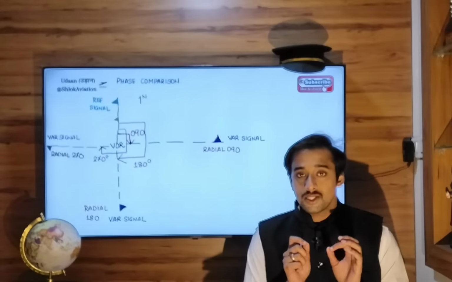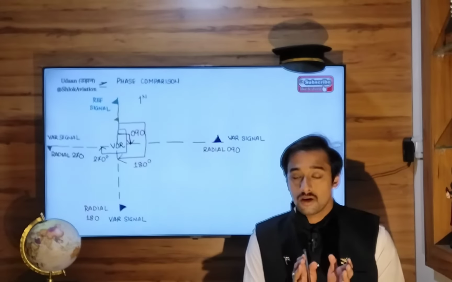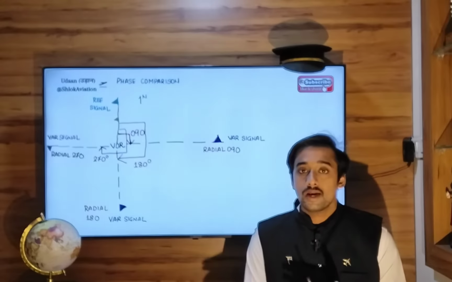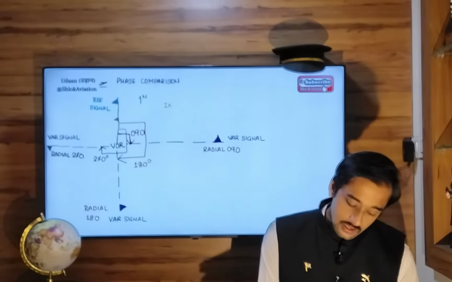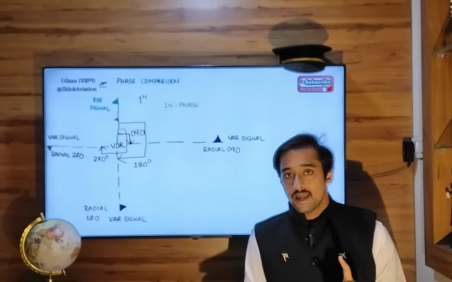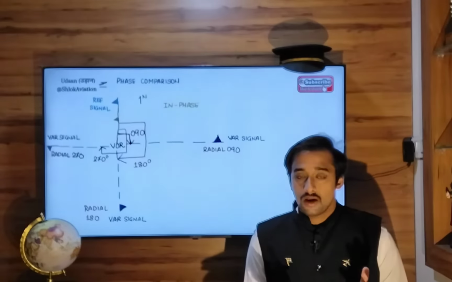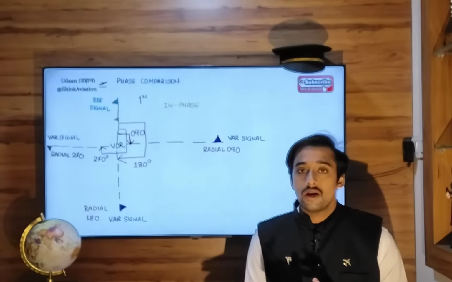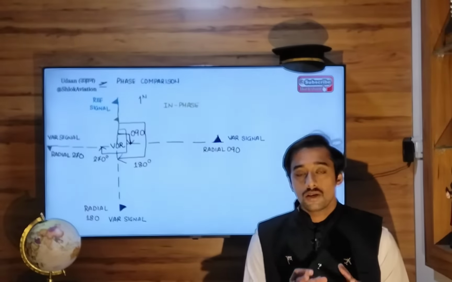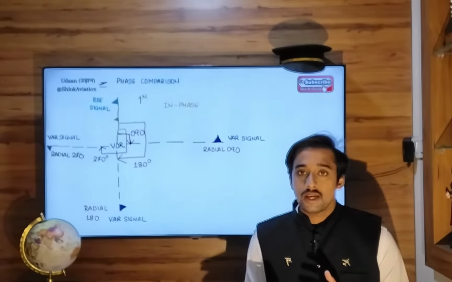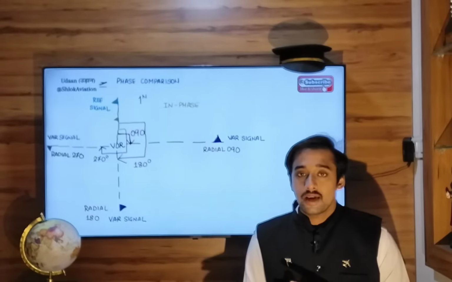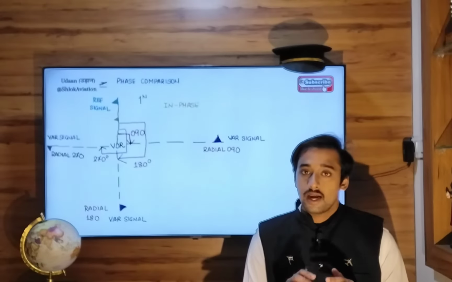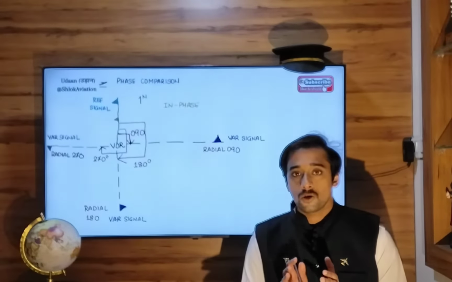At this point in space, we call it both are in phase. In phase means both are coinciding. But apart from this one direction, any other angular change will be called out of phase. So starting from 1 degree to 359 degrees, in all these directions, the signals will be out of phase.